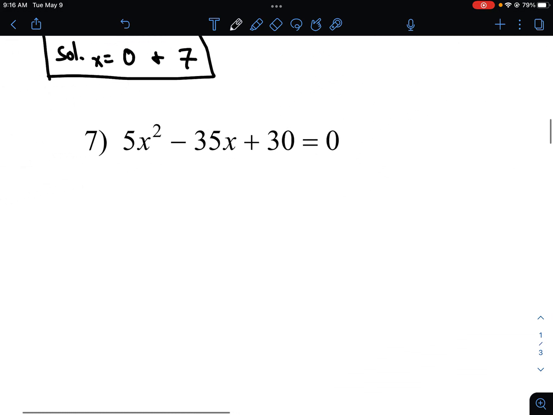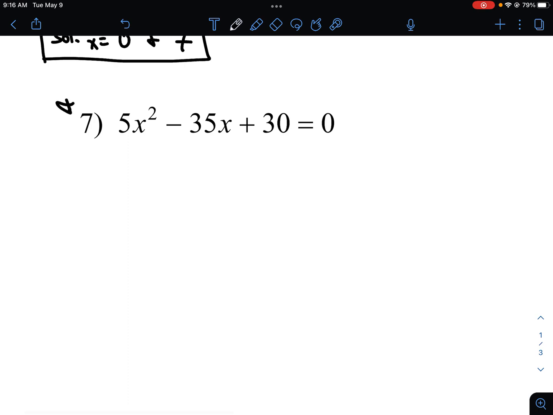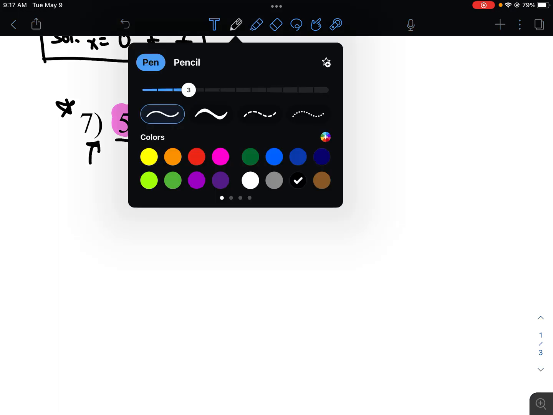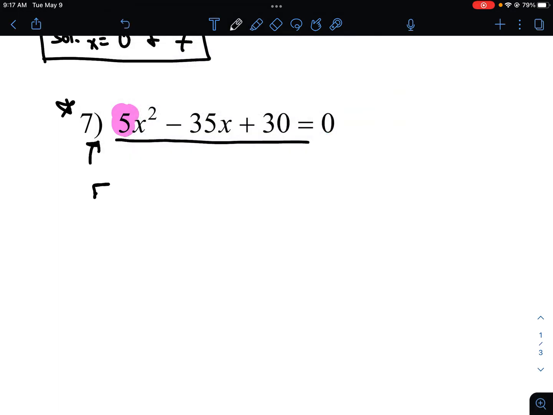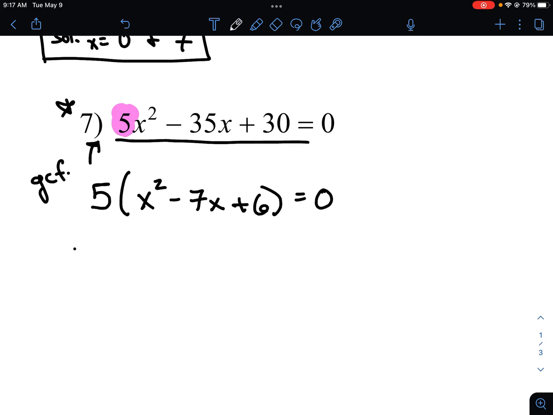Now let's take a look at 7 and 8. We have to bring out all of our tricks. So remove a greatest common factor. If that first number is not 1, if you have 5 or something else, think GCF. So what we should do first is remove the 5. So x squared minus 7x plus 6 equals 0. So there's the GCF step. From there, factor that inside.